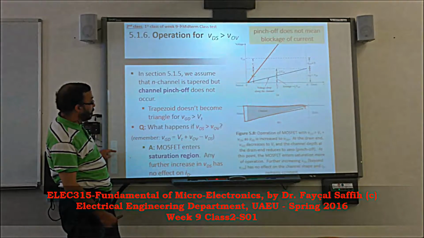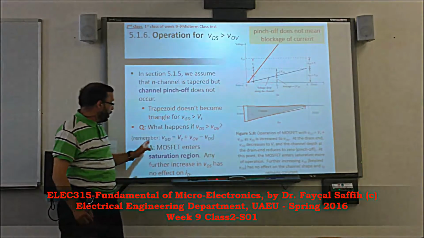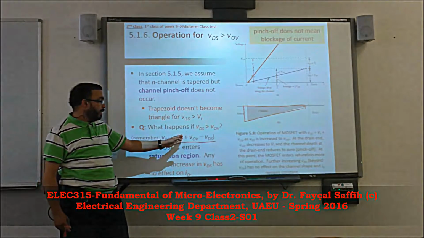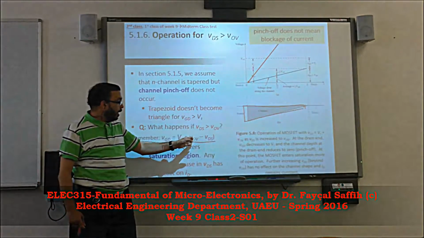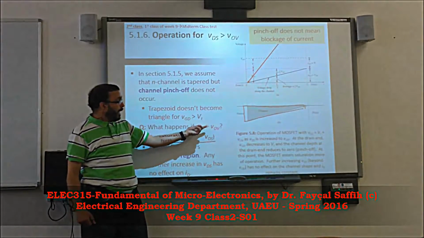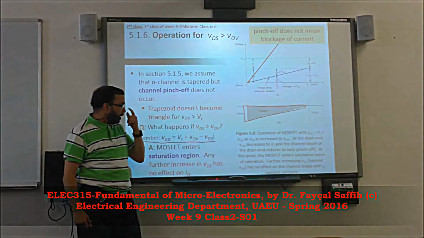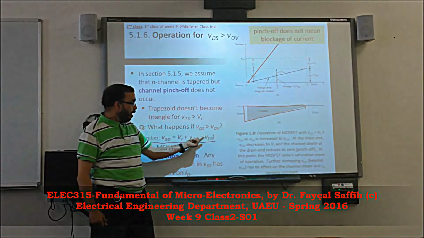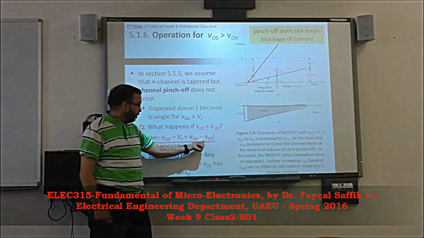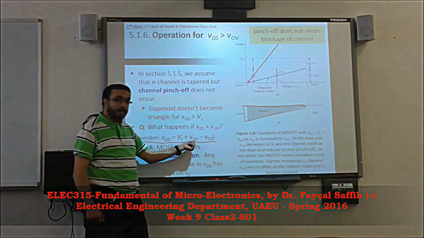Unfortunately, it's not responding very well, otherwise I would have shown you. So remember, if you check the previous slide, we found already that VJD is equal to VT plus V overdrive minus VDS. Now, for the case of VDS above V overdrive, VDS bigger than the overdrive, that means this term is going to be negative.